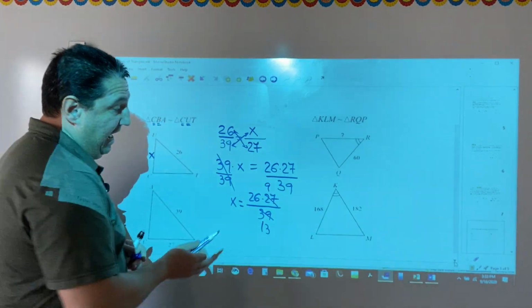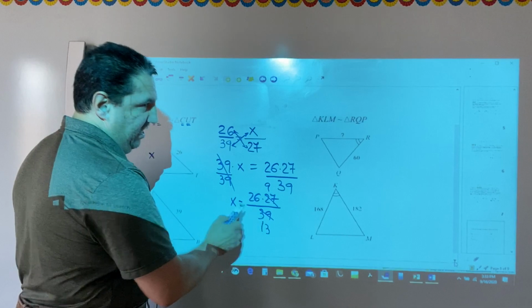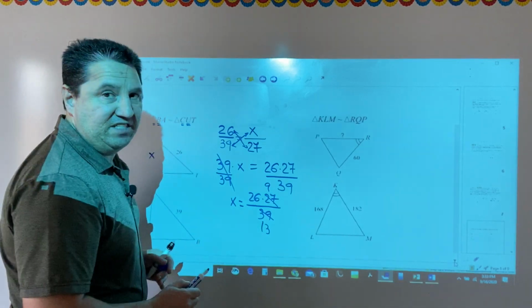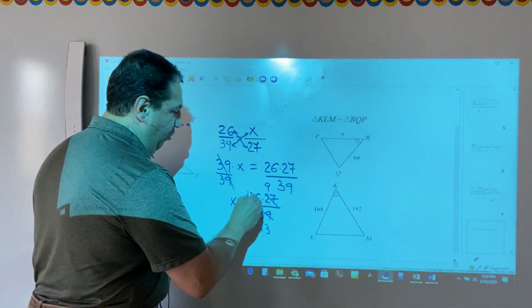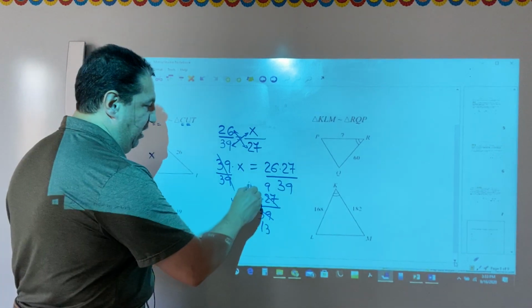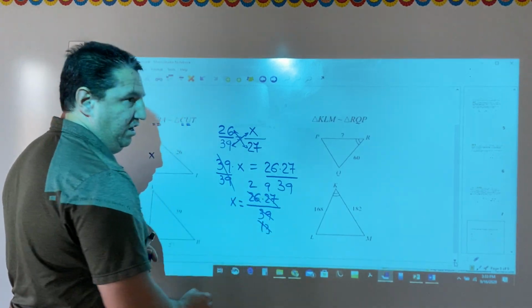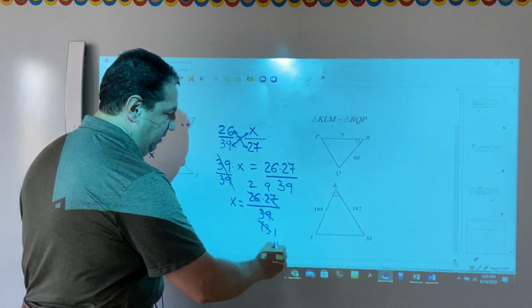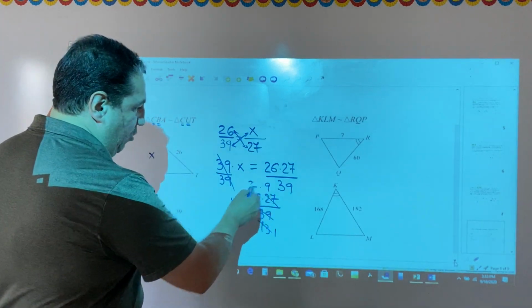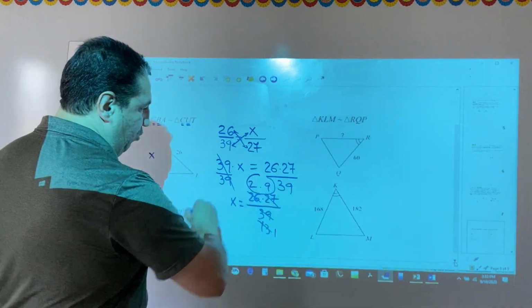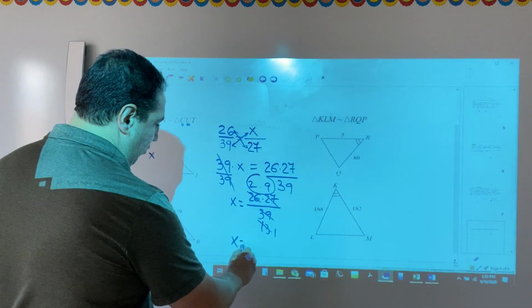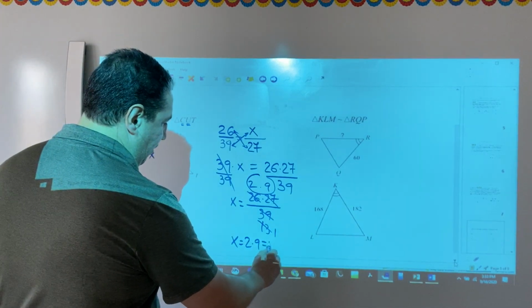Good. Now, 26 and 13 have 13 as a common factor. So, if you divide 26 by 13, you get 2. If you divide 13 by 13, you get 1. So, next, we multiply the remaining numbers, which is 2 times 9. So, x would be 2 times 9, which is 18.